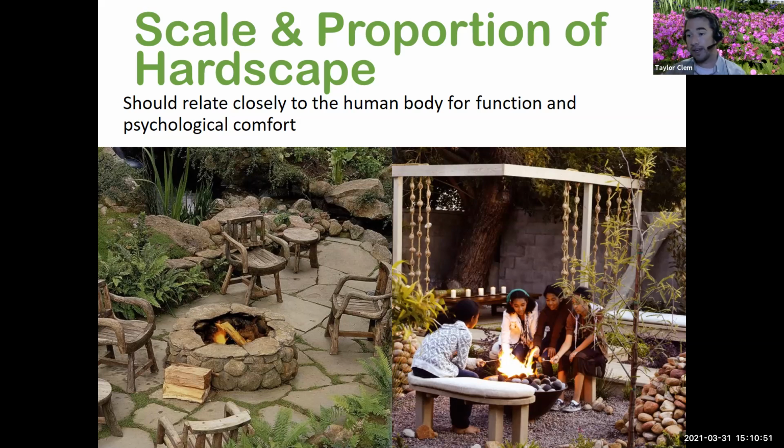If I wanted to make a space seem smaller, I would put the coarse texture plant material further away from me and the fine texture plants closer to me. It makes it seem like those coarse texture plants are larger, so it brings everything in closer to me. Whereas if I put the fine texture plant material further away, it makes it seem like you're viewing plants from a distance, so it pushes everything out a little bit. That's using different variations of texture to help increase the scale of a landscape.